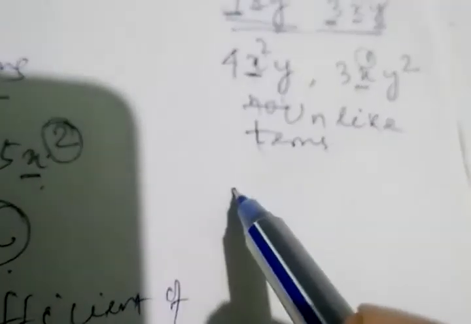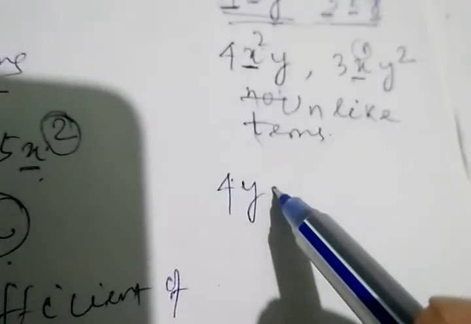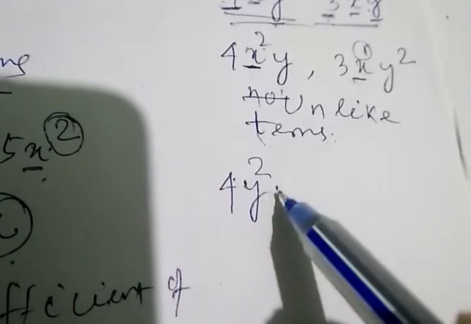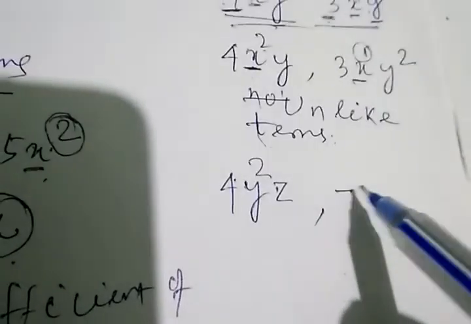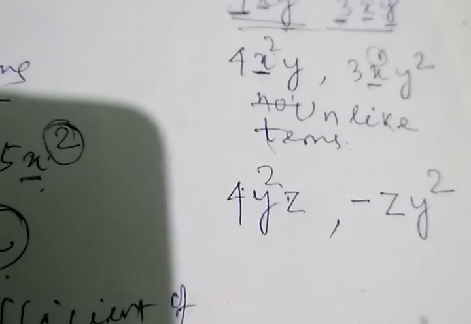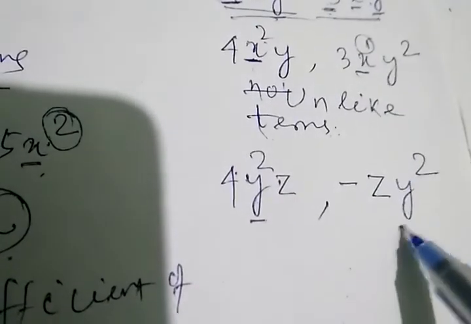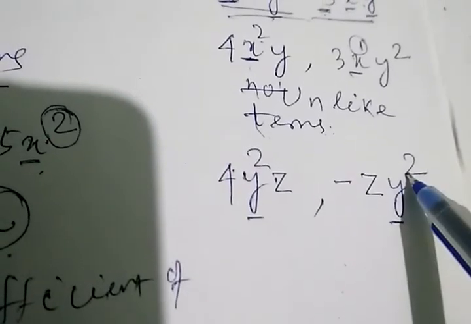Clear? For an example, you see here 4y square z, and here minus zy square. You see here variable is y, exponent is 2. Here variable is y, exponent is 2.